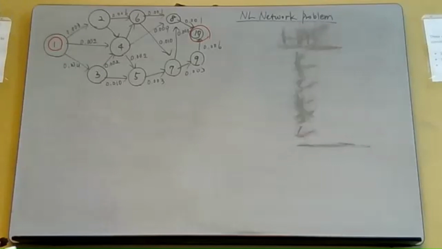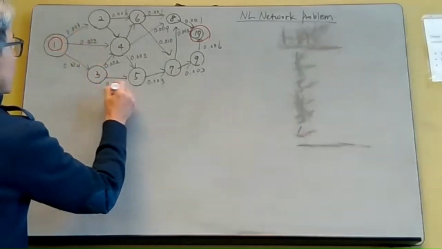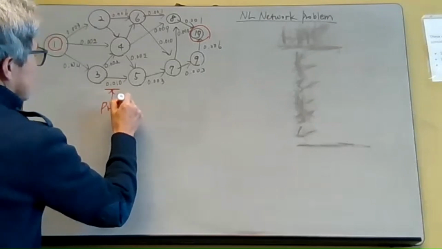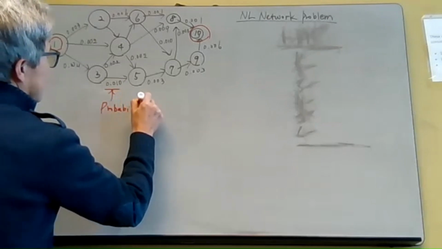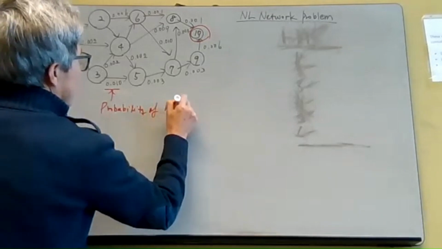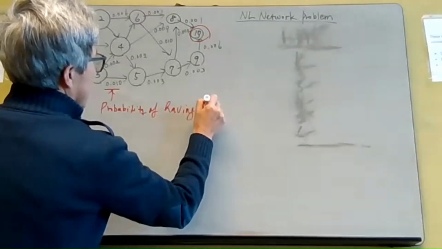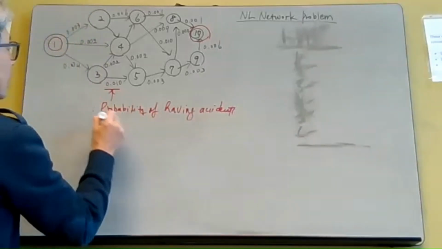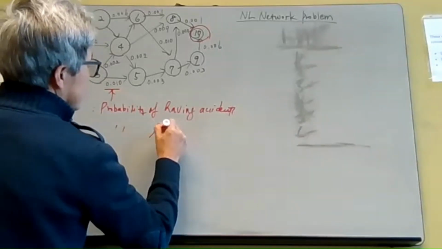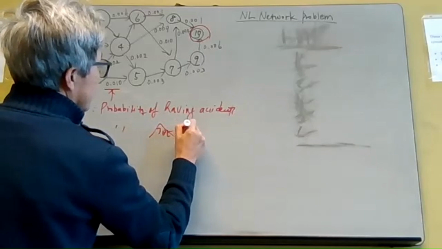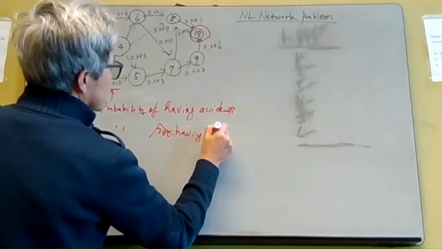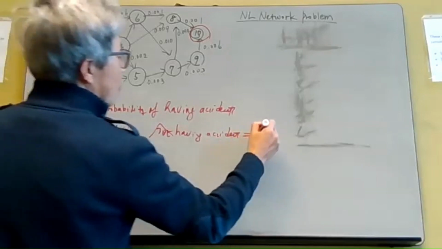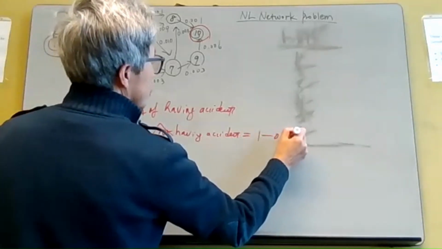That means these numbers are the probability of having an accident. So the probability of not having an accident should be 1 minus 0.010.